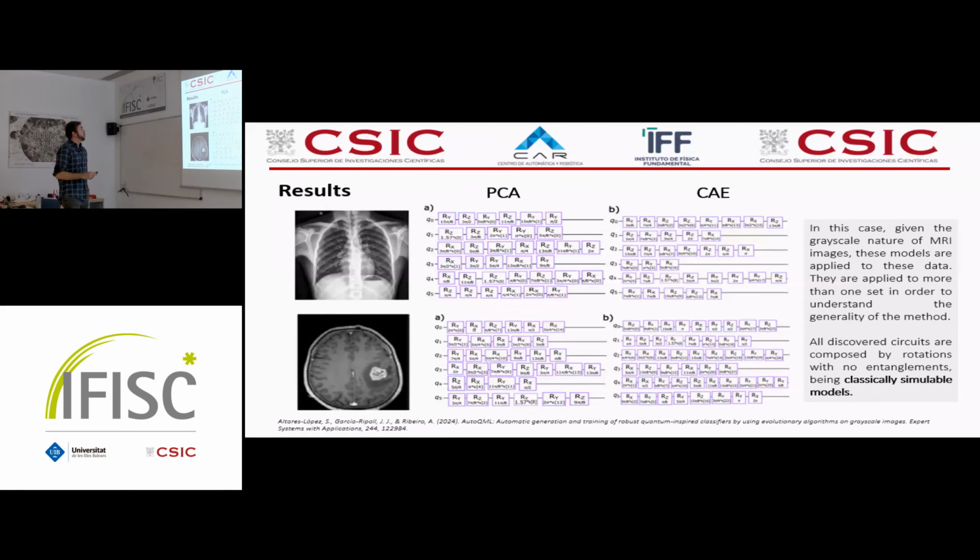So when we apply this to COVID and brain tumor, we get these circuits with no entanglements. This is the PCA approach. This is the convolutional autoencoder approach. And we can see that our unitaries are classically simulatable models in all cases.